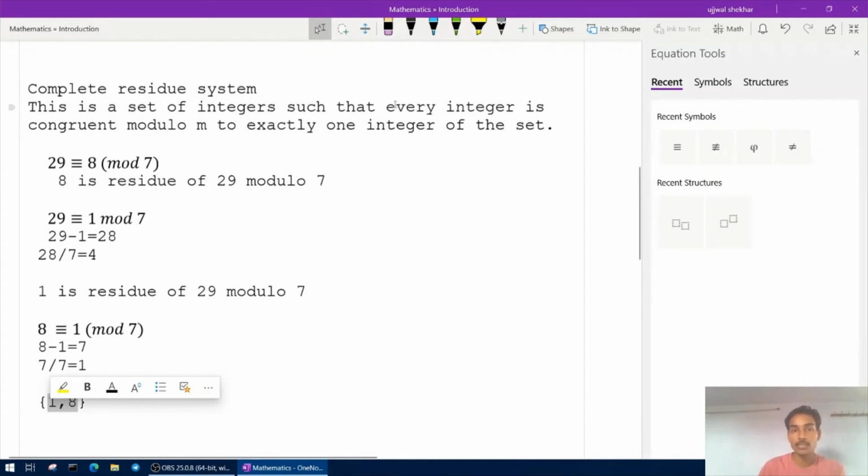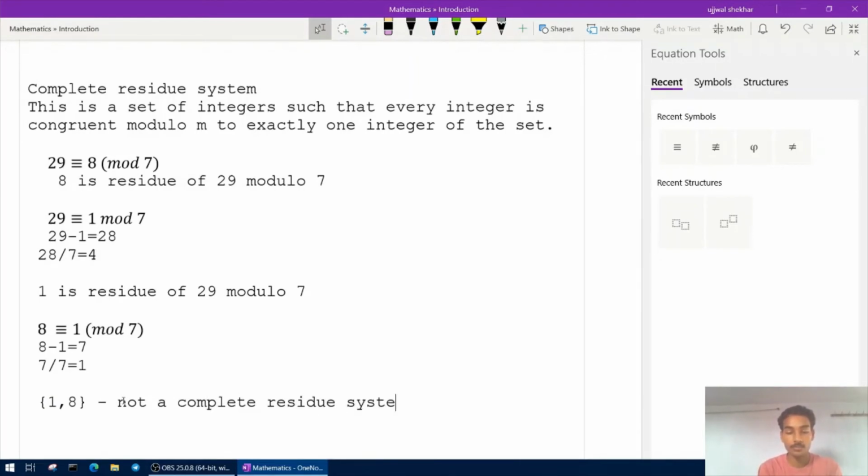It should be a set of integers such that every integer is congruent modulo m to exactly one integer of the set. Every integer here, 29, should be congruent to exactly one integer of the set. This is my set, and this 29 is congruent to two integers of the set. So this is not a complete residue system.